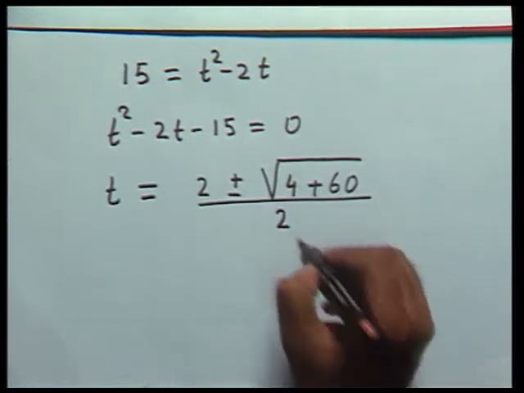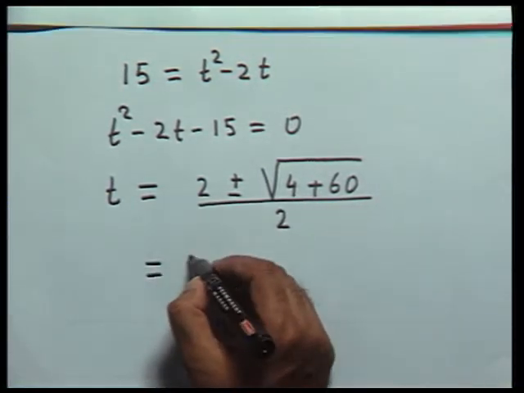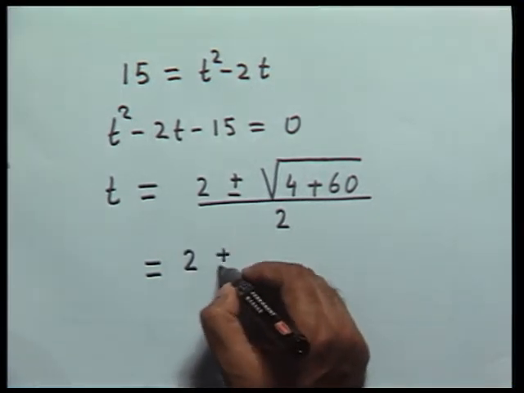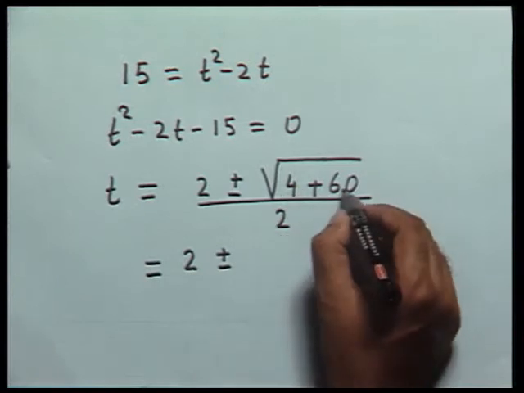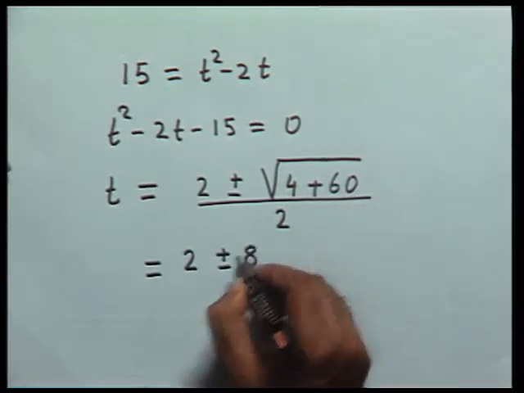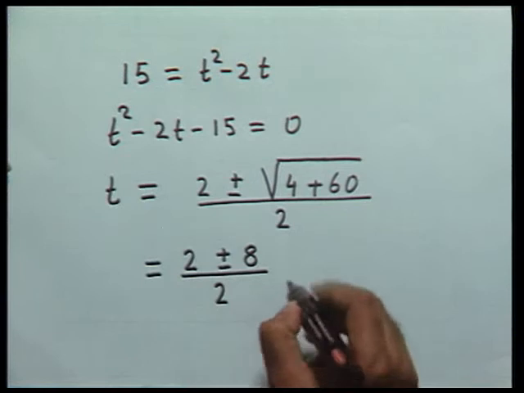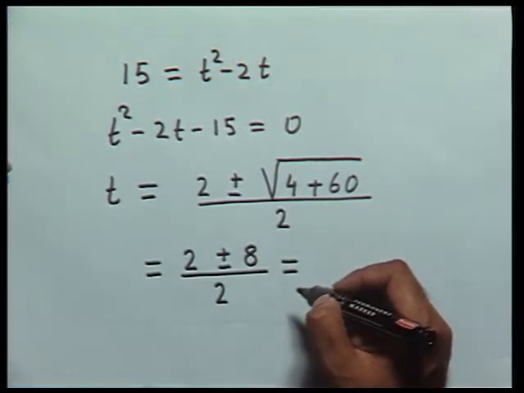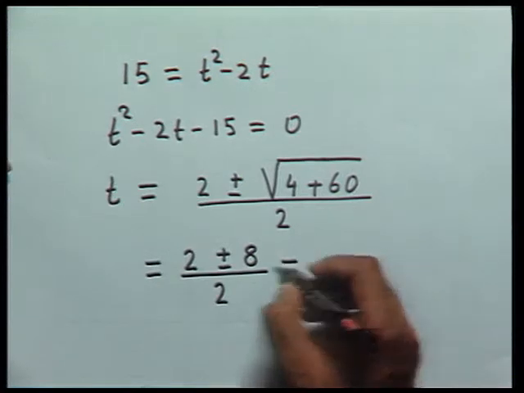upon 2. That turns out to be equal to 2 plus minus under root of 64, which is 8, divided by 2. That is going to be equal to 10 upon 2 and minus 6 upon 2.